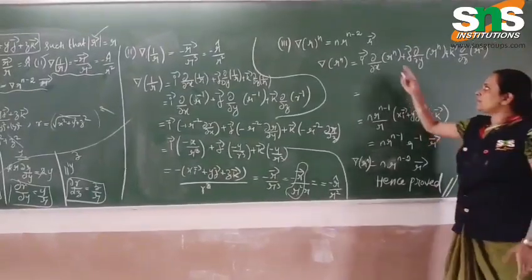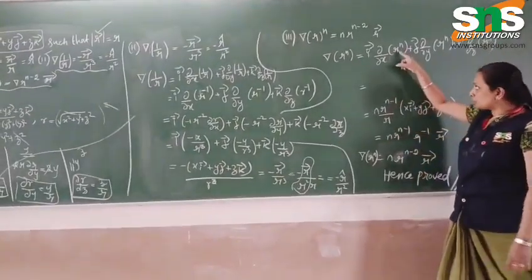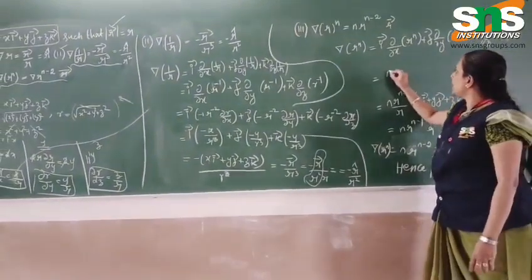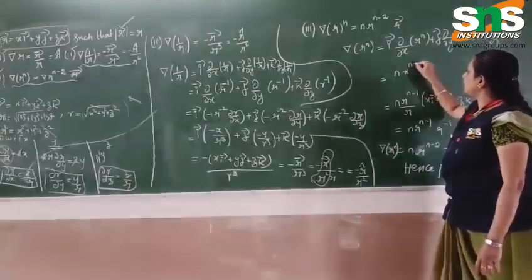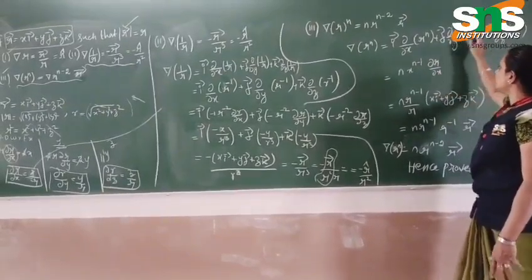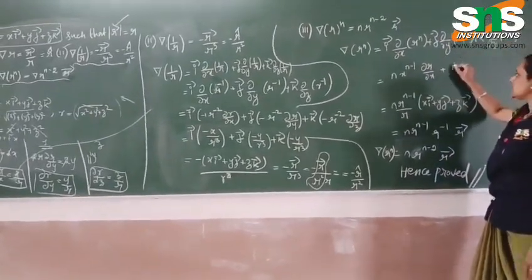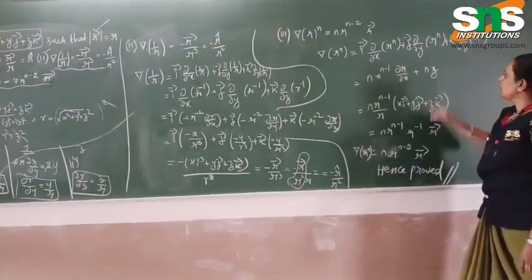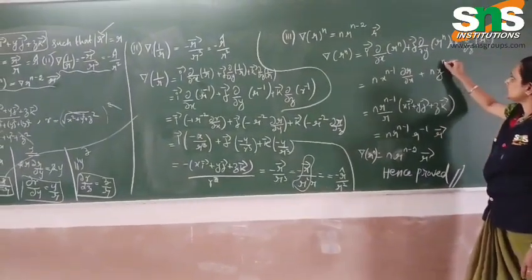Then we partially differentiate r power n with respect to x. That is n into r power n minus 1 dou r by dou x. Then what is the remaining one? Yes, it is x. That is n x, that is n y.